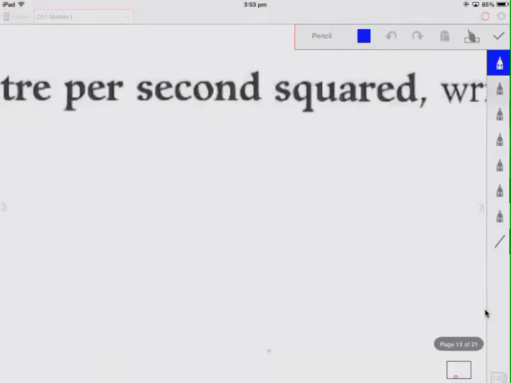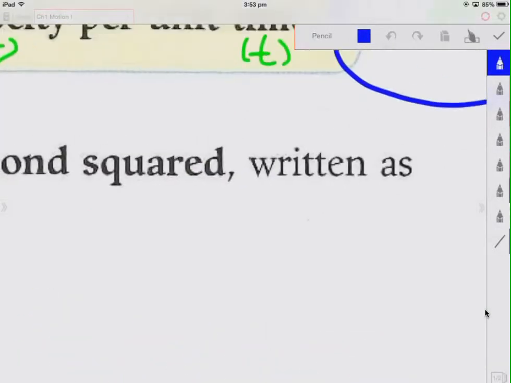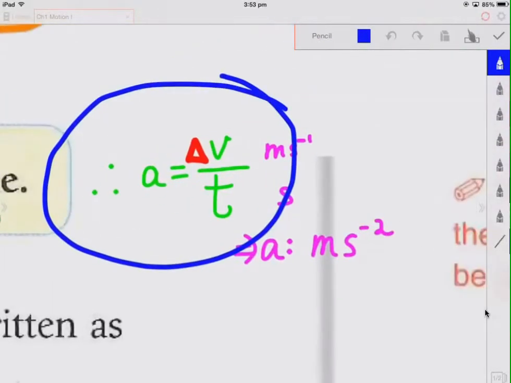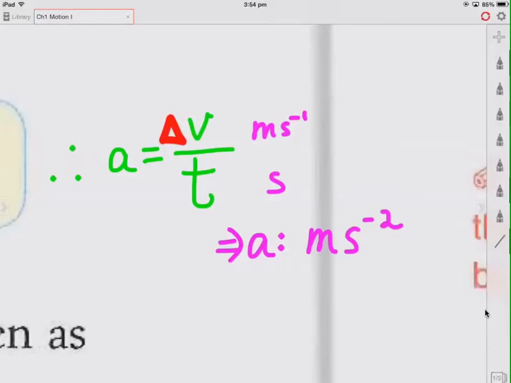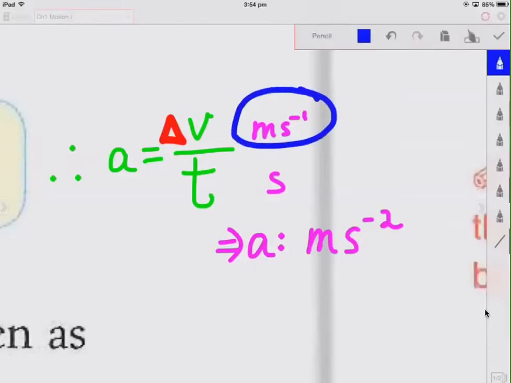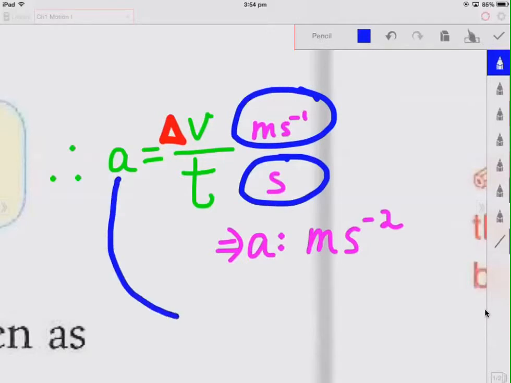And you can see the unit. The unit of velocity is meter per second, shown more clearly here. And the time, the SI unit is seconds. So overall, the SI unit for acceleration is meter per second squared, and we will write m s^-2.